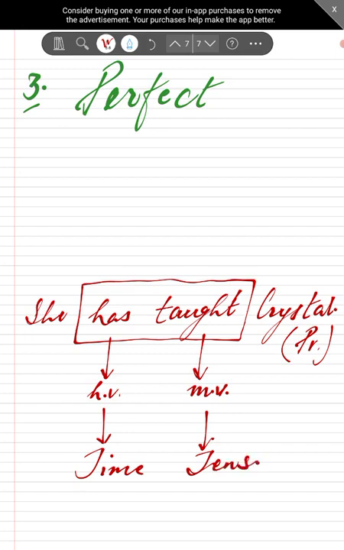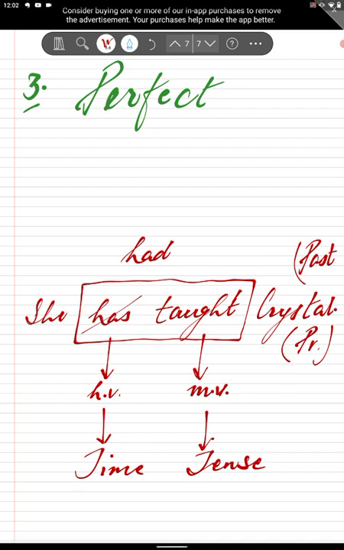So here we wish to change time, that is why we need to change this helping verb, and the past of has is had. It's quite simple. Now our sentence is she had taught Crystal. It is in past perfect. The time gets changed, but the tense remained same.